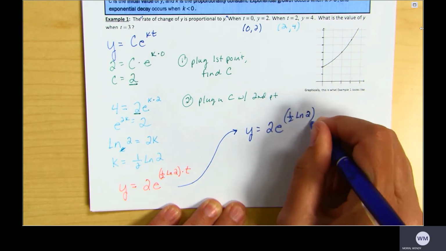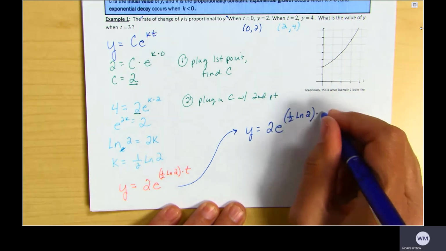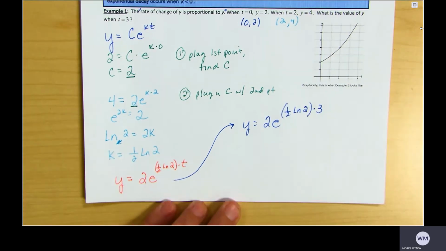And all of that is going to be multiplied by 3. And again, these are usually non-calculator problems. If this is a free response question, you can leave it. Anything that can be typed into a scientific calculator, you can leave. This is an acceptable answer on a free response.